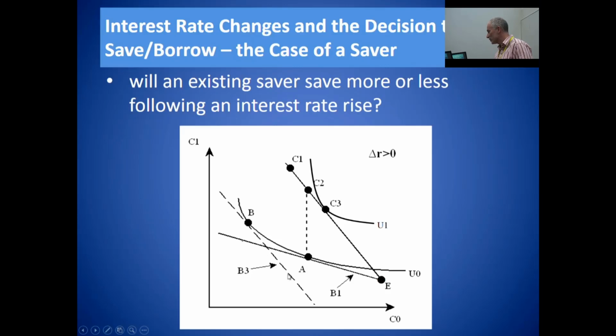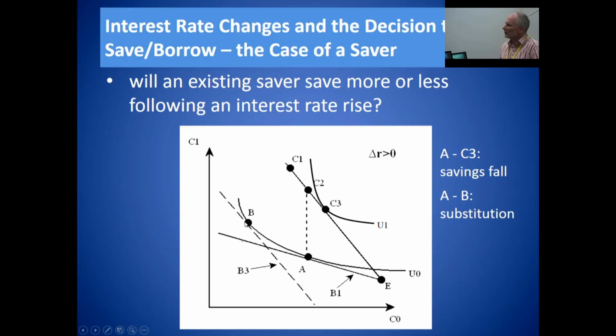And that hypothetical budget constraint just touches the initial indifference curve at point B. And that movement from point A to point B is the substitution effect. So the overall effect is A to C3. But the substitution effect is A to B.